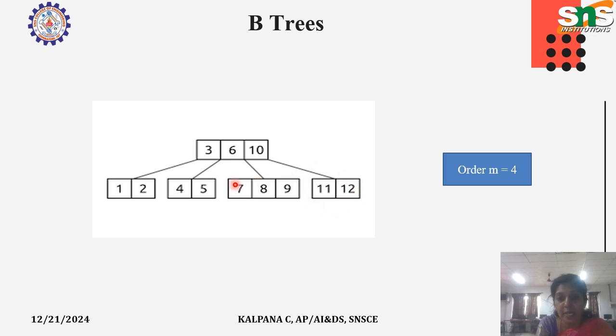So we can have 4 children, and values, maximum we can hold M minus 1, that is 4 minus 1, at most 3 values, 3 6 10. So like this we can hold 3 values for each node. So this is an example of a B tree.